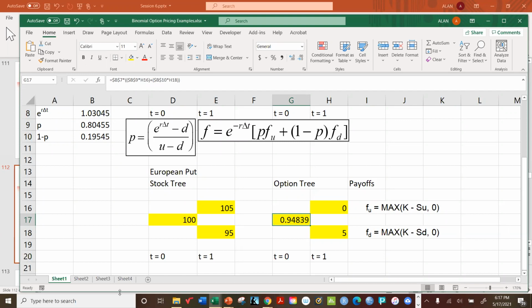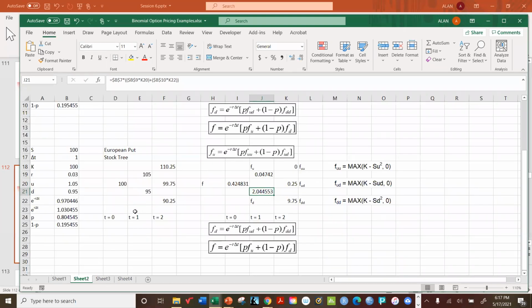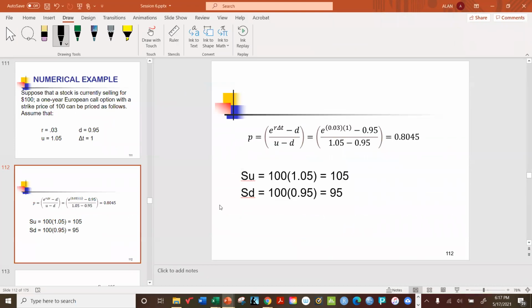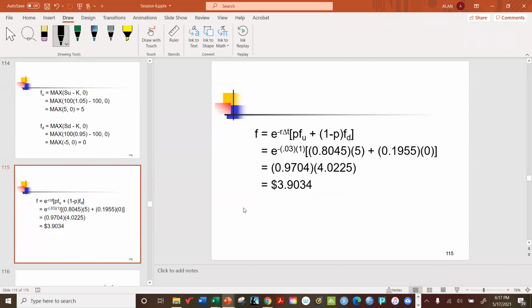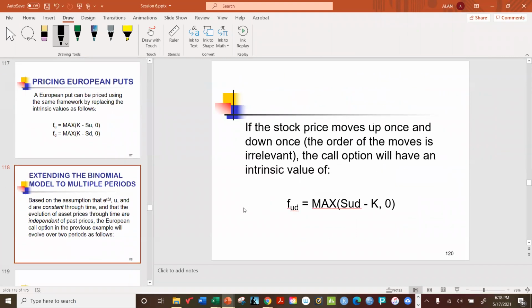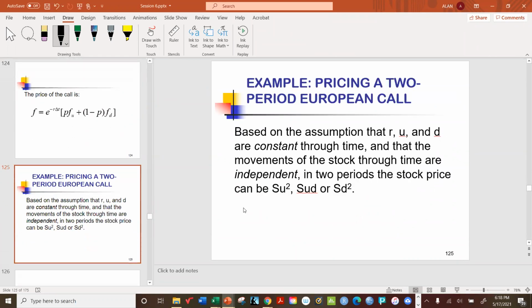All right, now in the next sheet, we've got a 2-period model. It looks like it's the same one. Let's see. There it is.